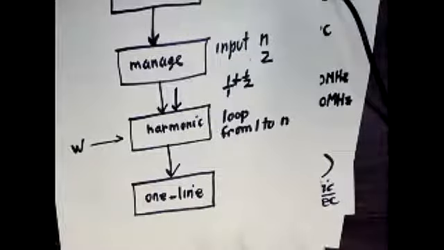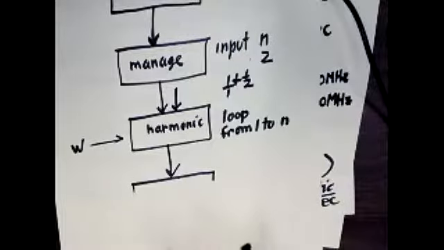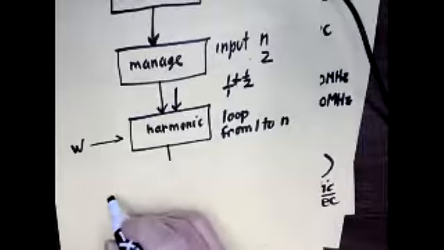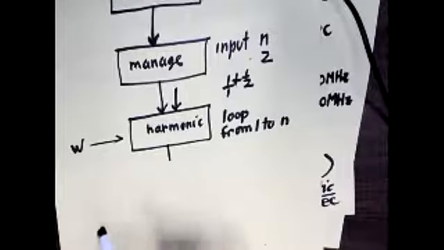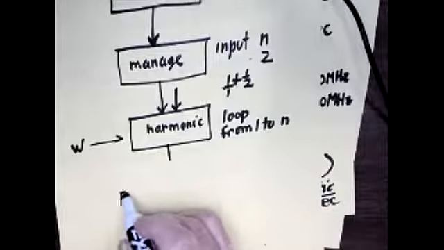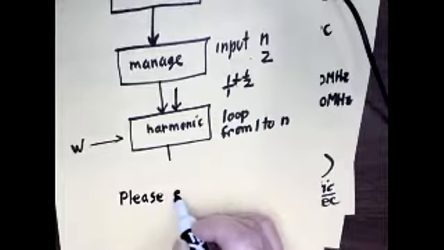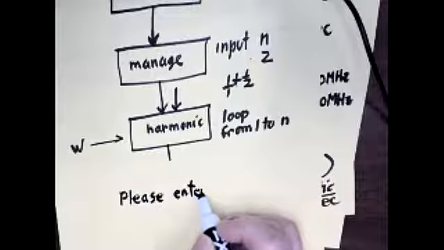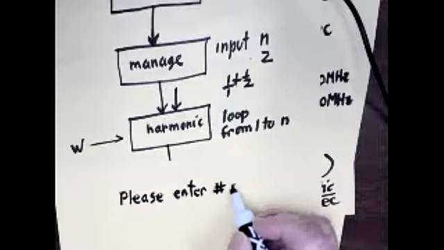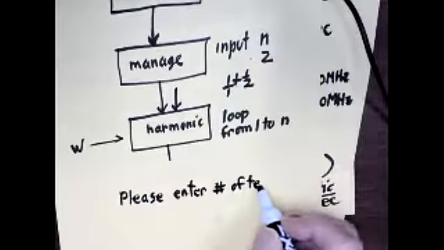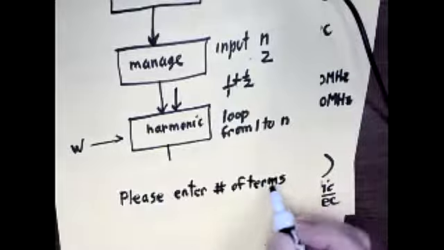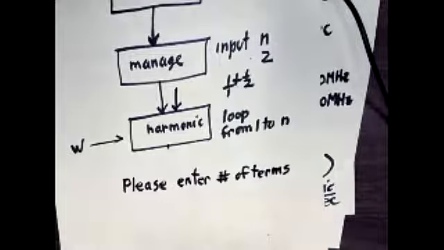It's not graphical, but it's character based. So the dialogue goes, please enter number of terms you want to compute. Number of terms. Okay, imagine the user inputs... I've got to come up with something nice.